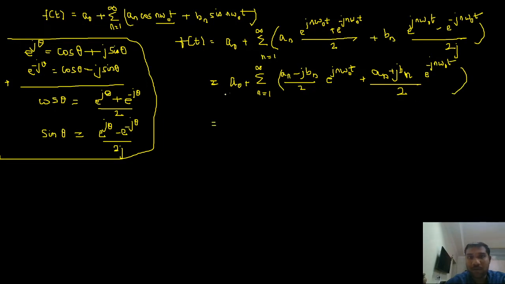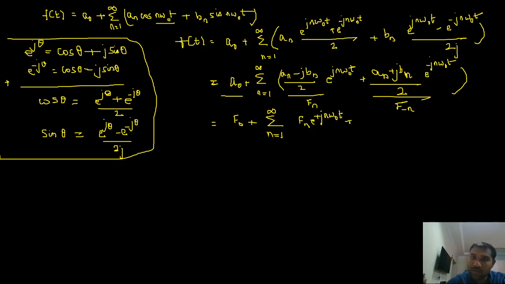Now I will take this as f₀, and this will be my fn, and this is going to be my f₋n. So f₀ plus summation n equals 1 to infinity fn e^(jnω₀t) plus f₋n e^(-jnω₀t).